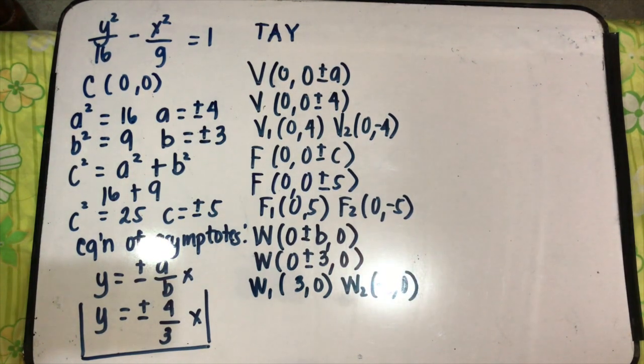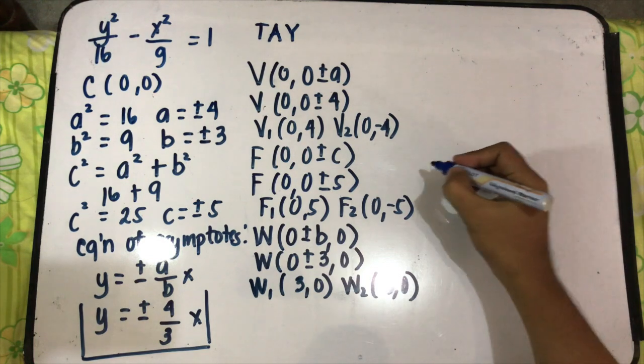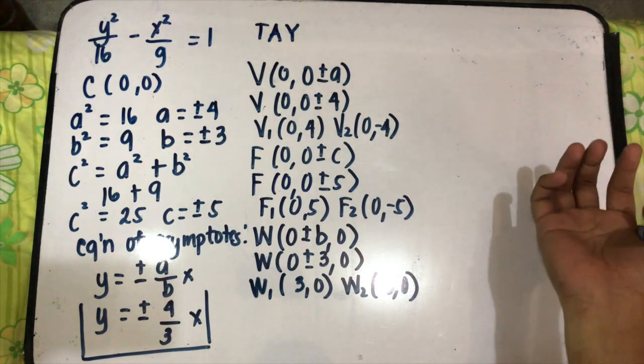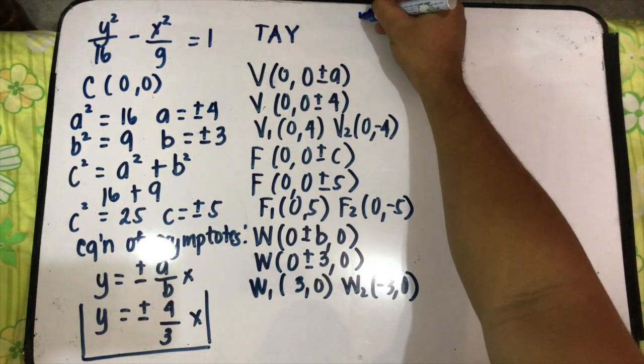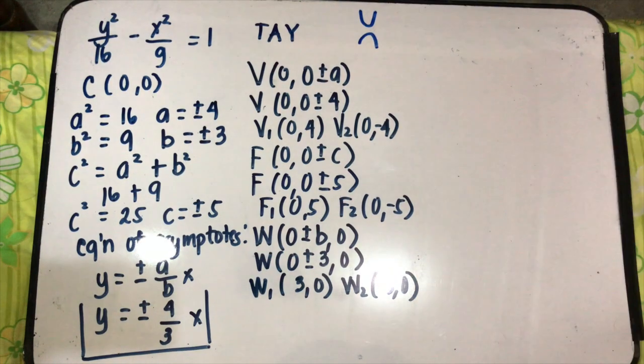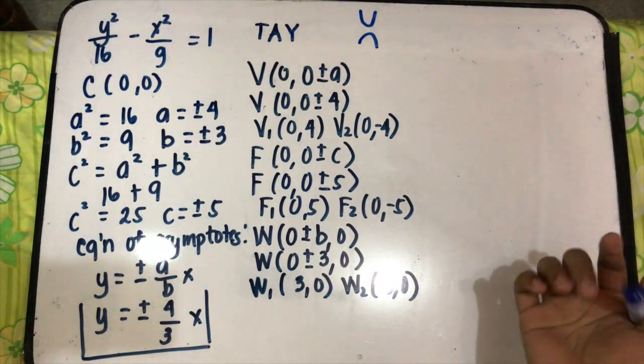So let us now try to graph these points and the hyperbola. We all know that our hyperbola would be opening up and down, and it looks like this one.